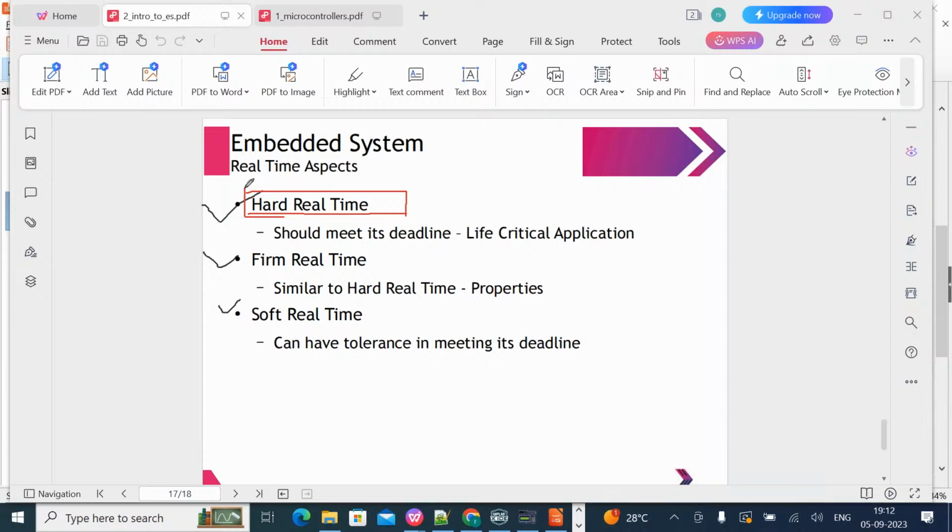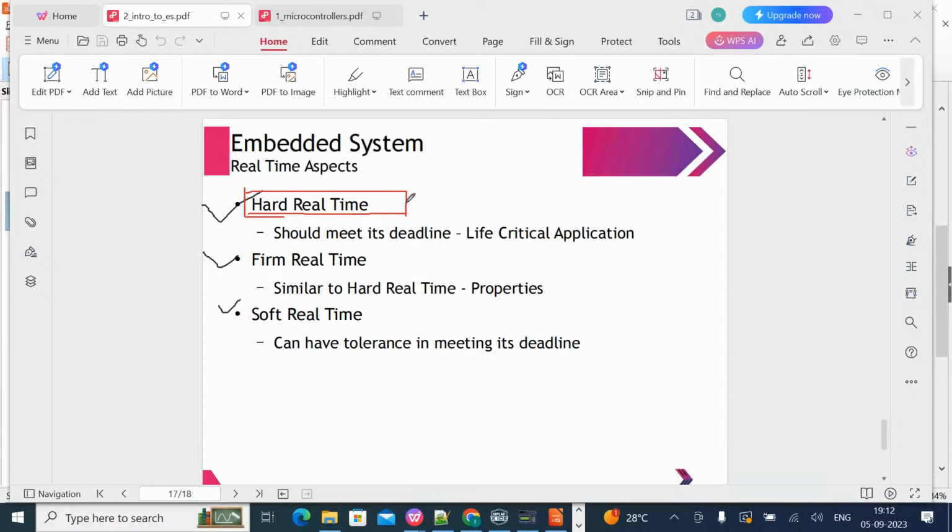Failure is not encouraged here. This system has to meet its deadline. Usually, hard real-time systems are deployed in applications where human life is critical, so you will see them in life critical applications. There we cannot afford losing time. We have to meet the deadline.